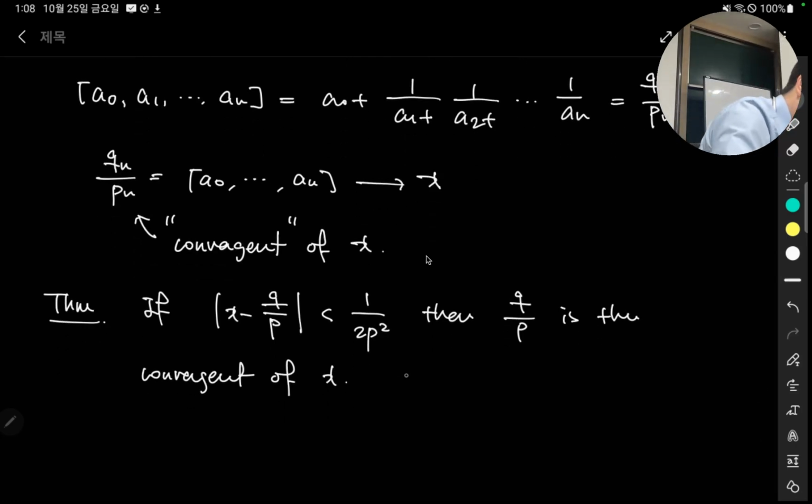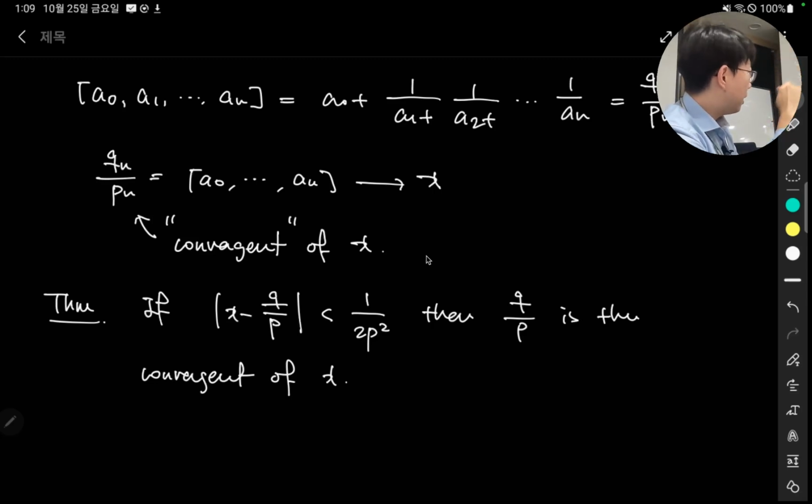So if this inequality is true, then the q over p type rational number we are looking for, satisfying this inequality, appears as a convergent of the number x. So there should be a continued fraction, which is the rational number that converges to x.